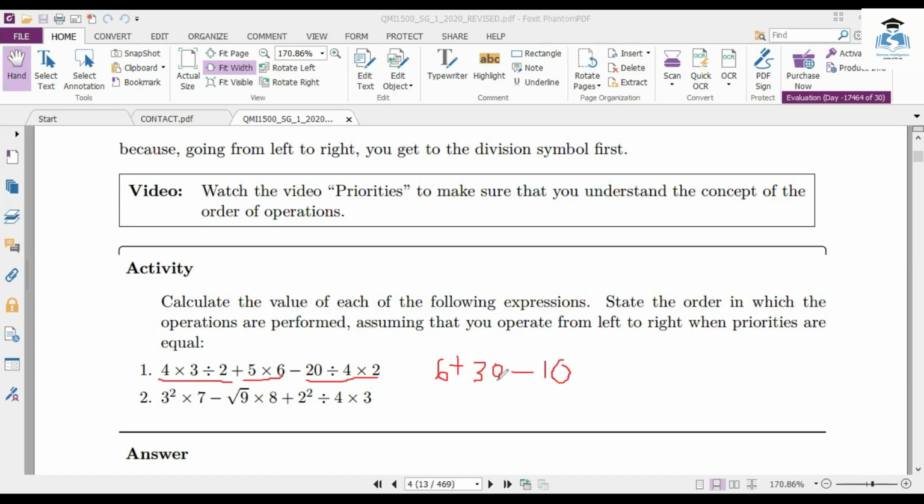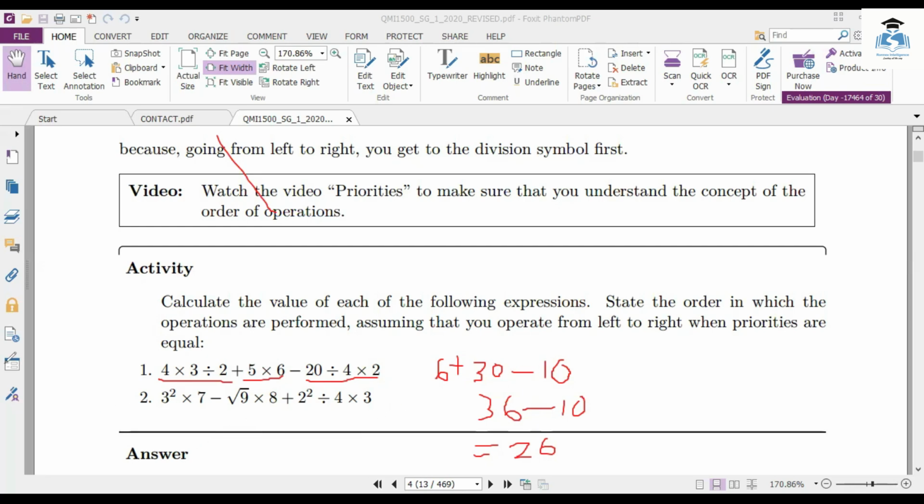So 6 plus 30, that's 36, minus 10, then the resulting answer will be 26. So take note of that. You start with this, okay?